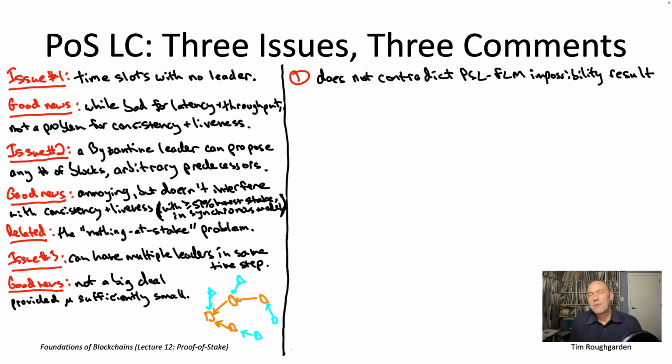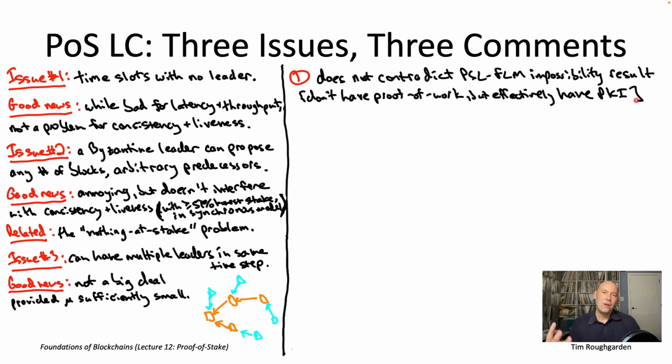It's true that in a proof of stake setting, one node can simulate all of the computations done by 4 honest nodes. What it can't do is forge the signatures that those honest nodes would be attaching to their messages, because this Byzantine node doesn't know the private keys that those 4 honest nodes have. So the hexagon argument breaks down in the proof of stake setting for the exact same reasons that it breaks down in the permissioned plus PKI setting.